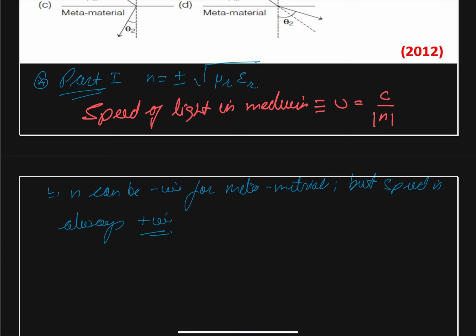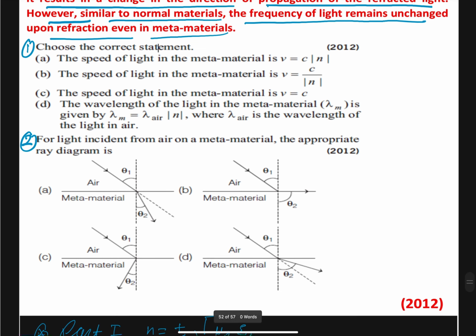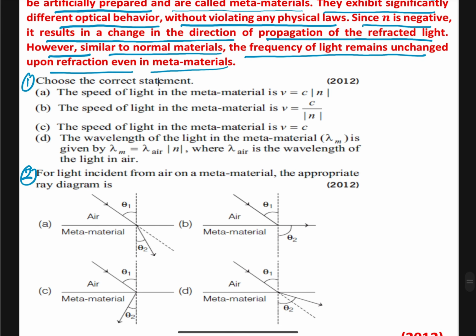Therefore, let us check the options that are available to us, and option B is the correct one, because option A states that v is equal to c multiplied by the modulus of n, and this is dimensionally incorrect.